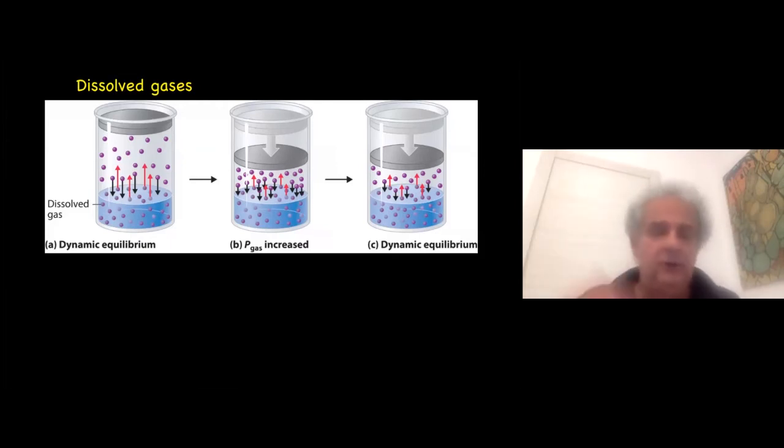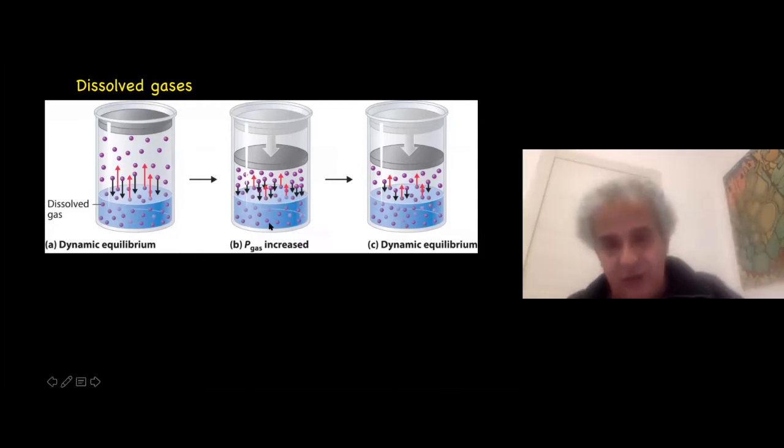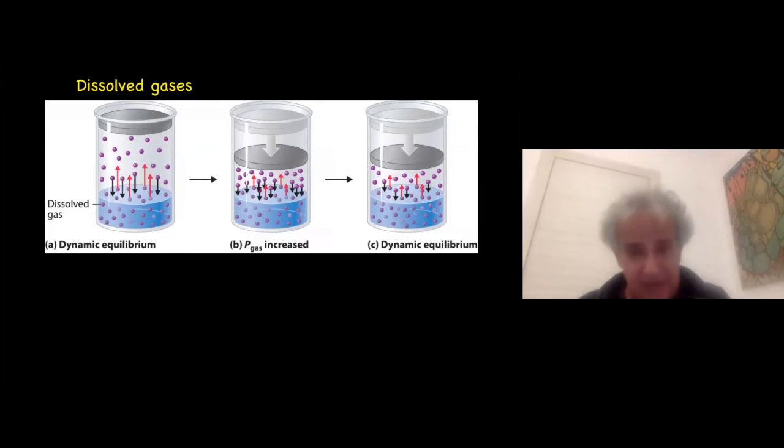So basically, according to the partial pressure of the atmosphere, you have a certain amount of different gases that are dissolved in the liquid phase. As the pressure increases, this means that also the amount of gases in the water tends to increase, okay?